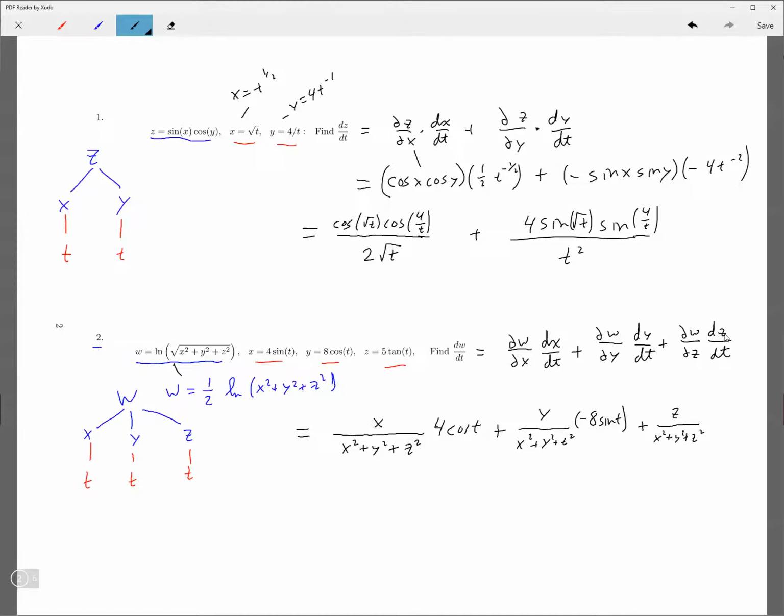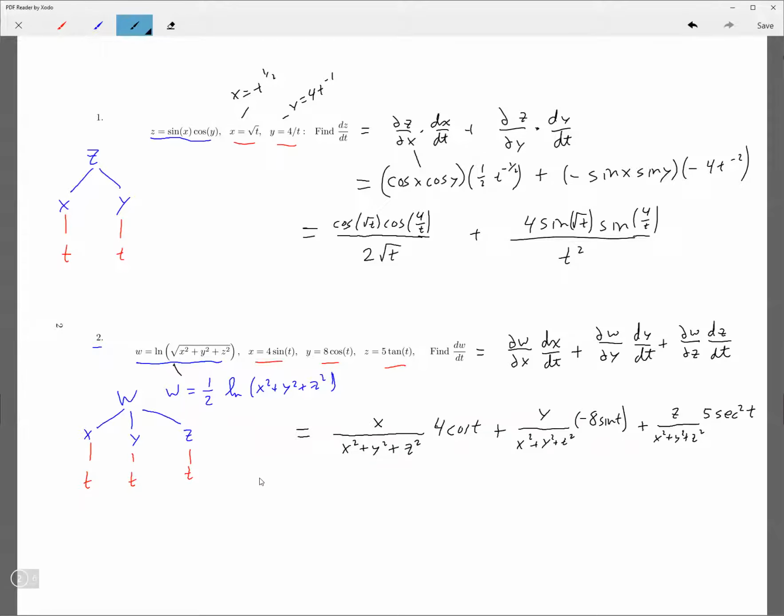I forgot the derivative of tangent. Does anybody remember what it is? Is that secant squared? Yeah, secant squared, I believe. Okay, so let's try to figure something out.